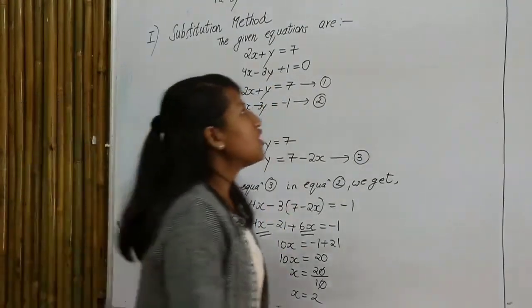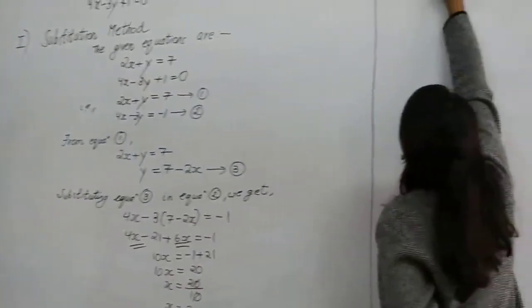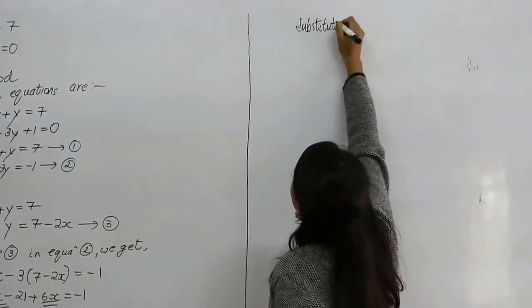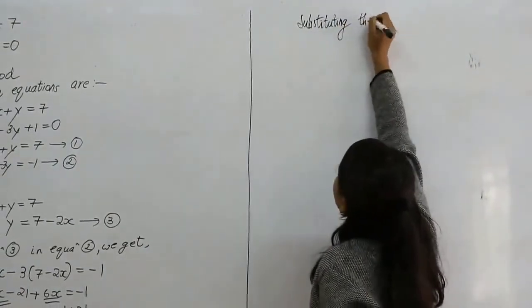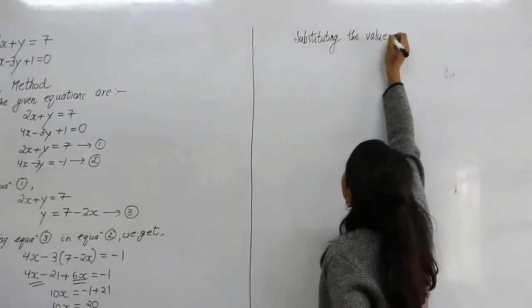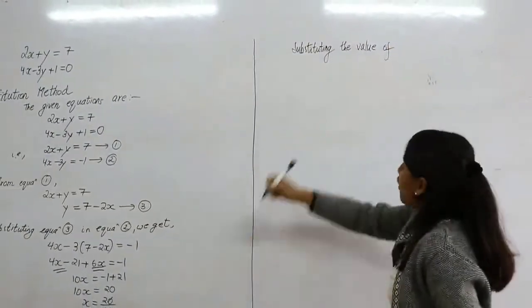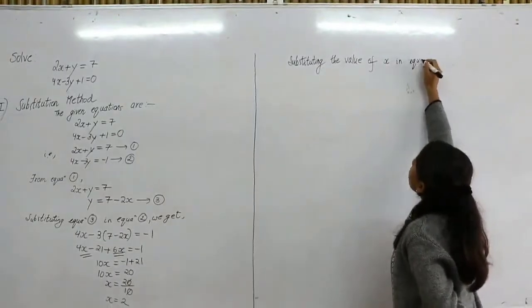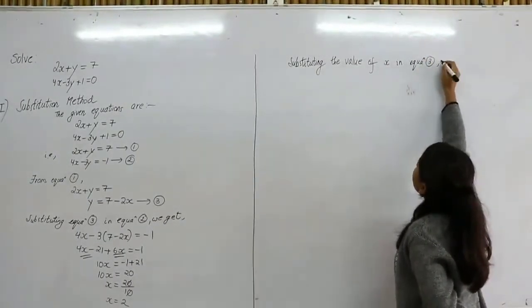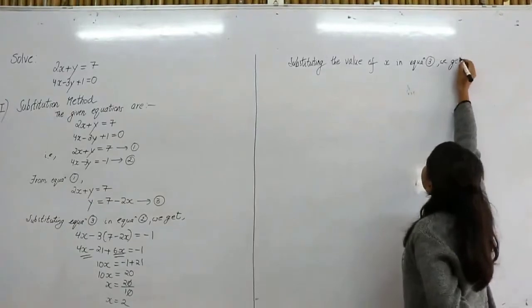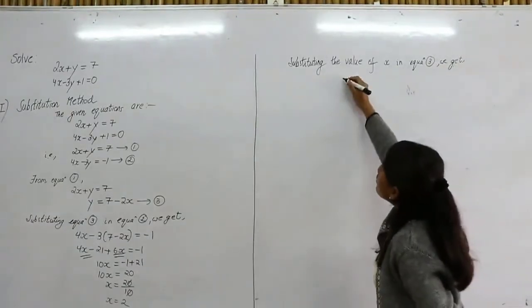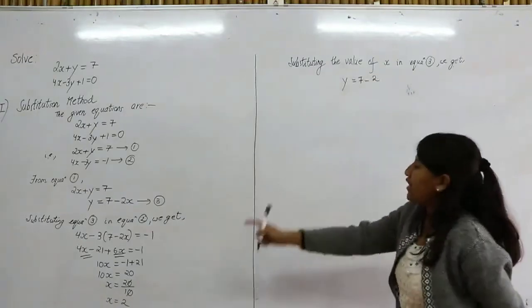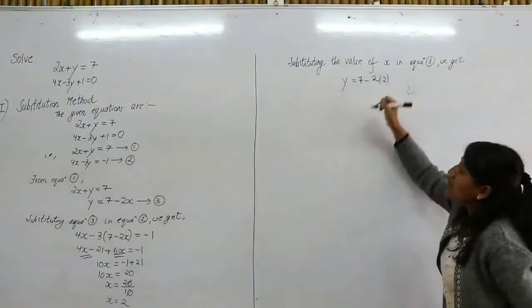Substituting the value of x in equation 3, we get y equal to 7 minus 2 times x, and x we have got is 2.